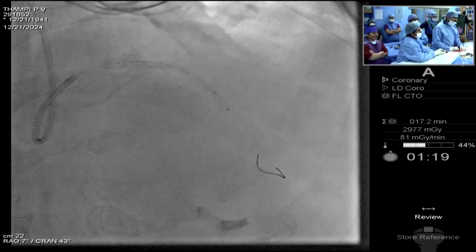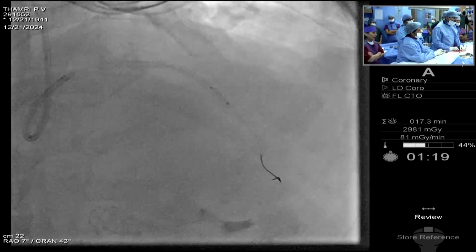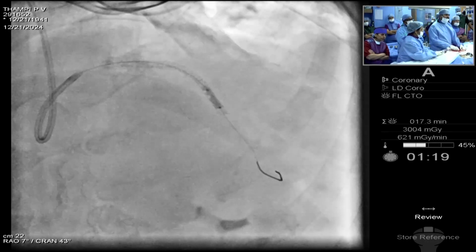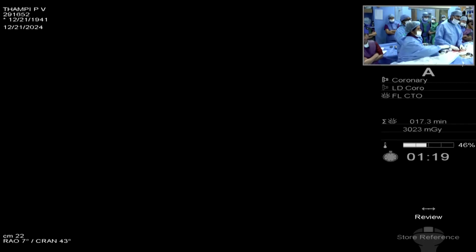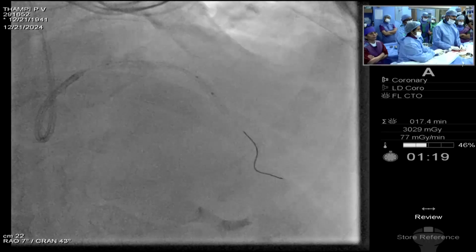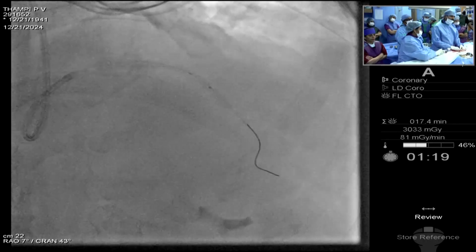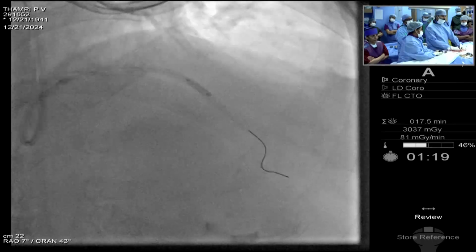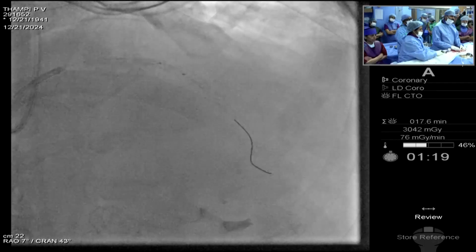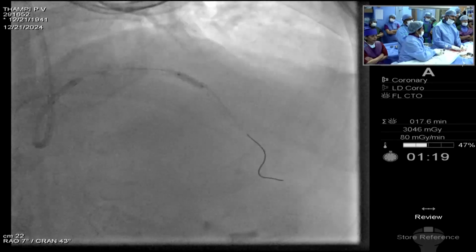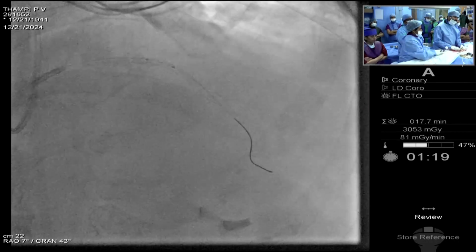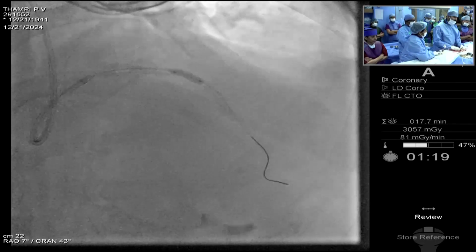We'll come back a little bit. Okay. Low pressures 12. Negative. 14. Negative. 16. Negative. 18, 20. 20. Negative.